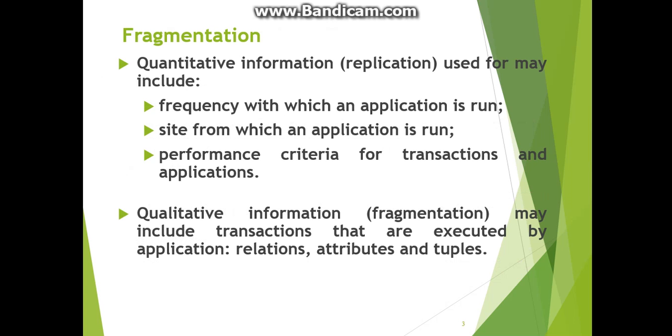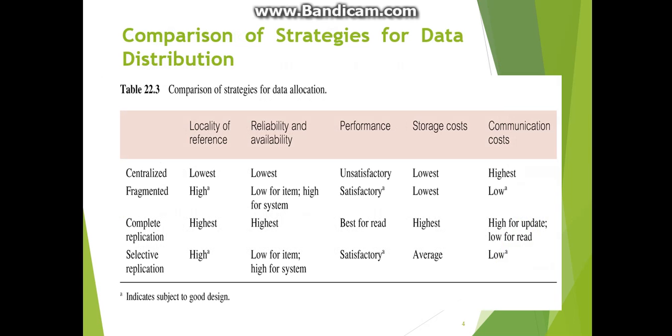The next is it must be possible to reconstruct your original database from the fragments. If you use a reassembly algorithm, you should be able to get your original relation. That is the second requirement. Then qualitative information may include transactions that are executed by applications, which include relations, attributes, and tuples. All these must be covered by your fragmentation.